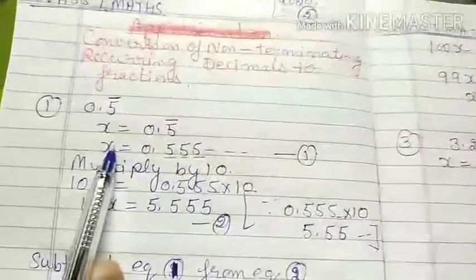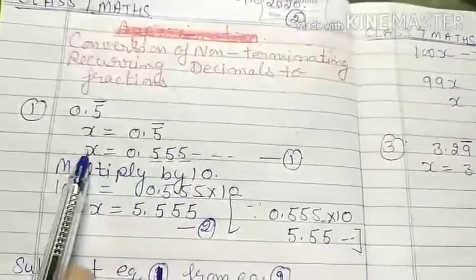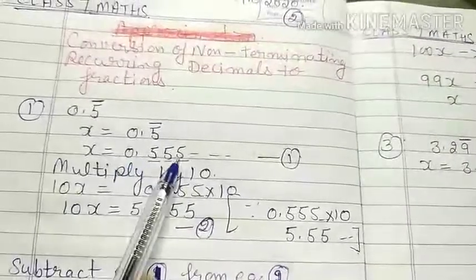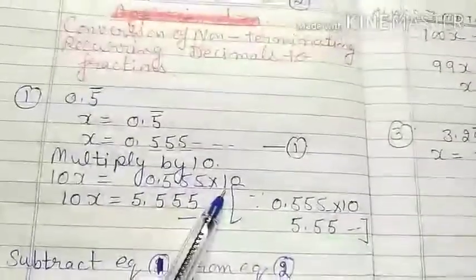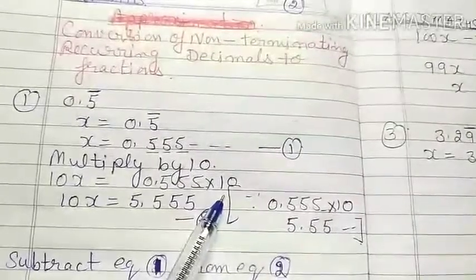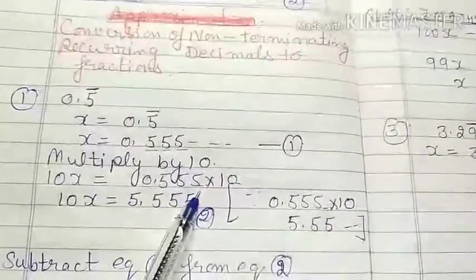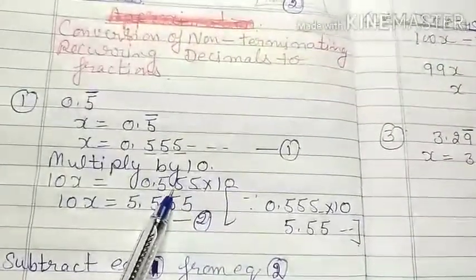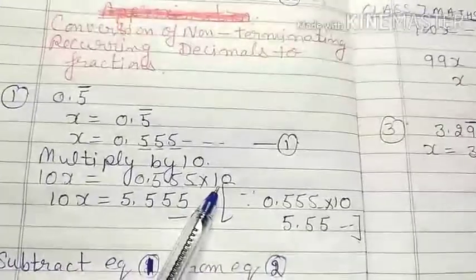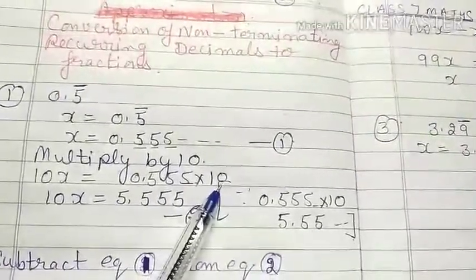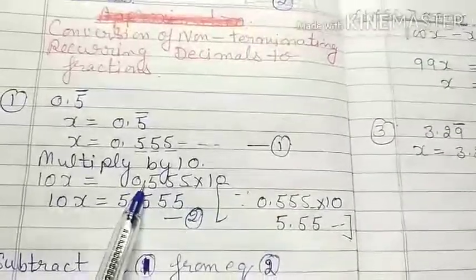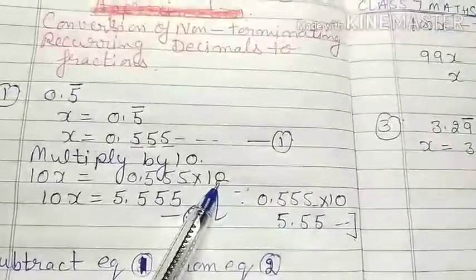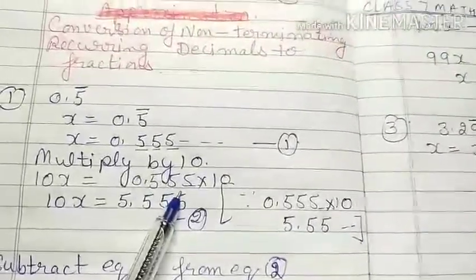So if I multiply both sides by 10, x multiplied by 10 gives me 10x. When you multiply 0.555 by 10, as I told you many times in earlier classes, multiplying a decimal number by a multiple of 10 shifts the decimal point to the right according to the number of zeros. Multiplying by 10 has only 1 zero, so it shifts only one digit to the right.